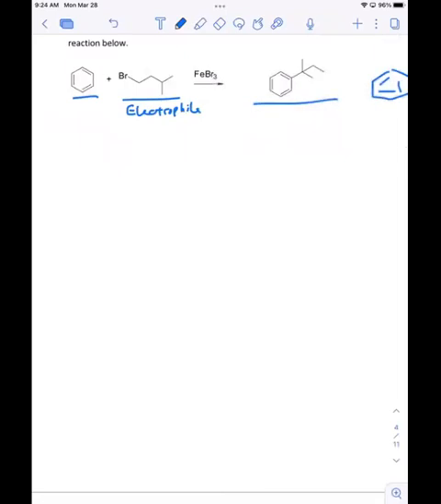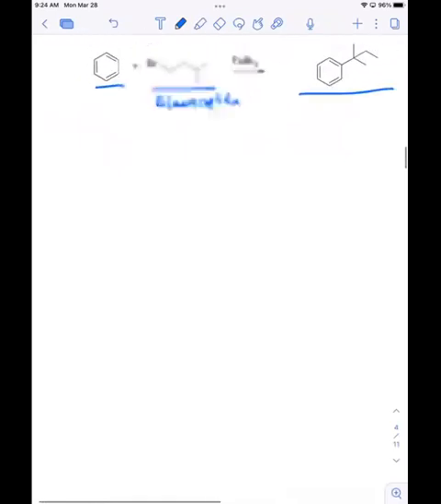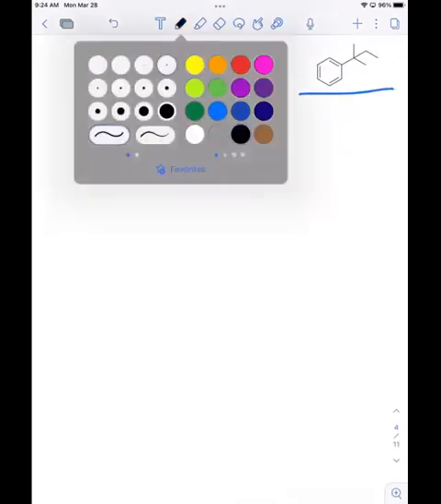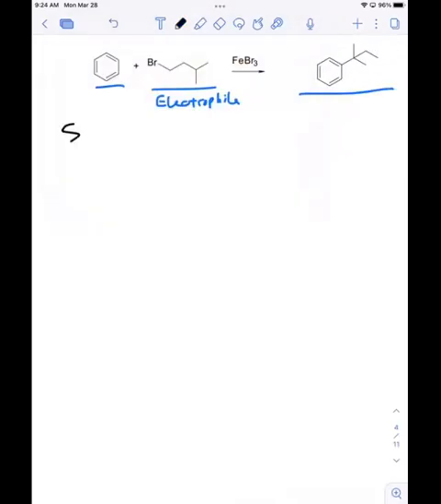What's the first step that's going to happen? There's the electrophile. We're going to prepare the electrophile by using the catalyst. All right, so we're going to take that electrophile.